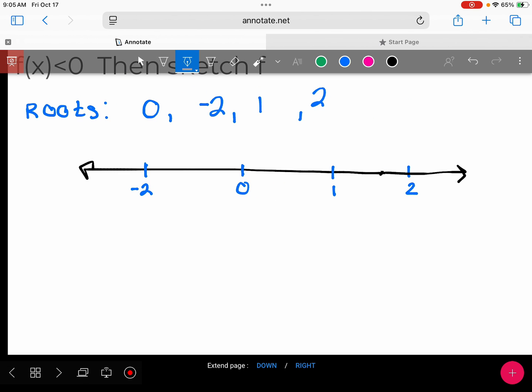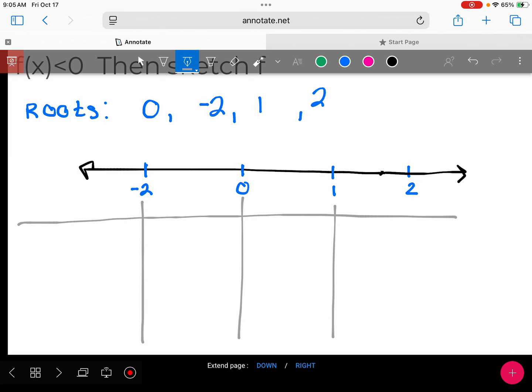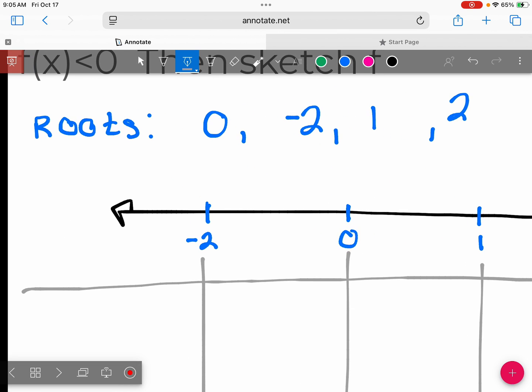When we're filling in our factors off to the side, we're actually going to include those exponents on those factors. So I'm going to include this as an x squared.